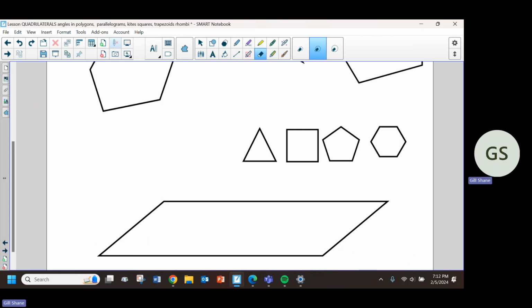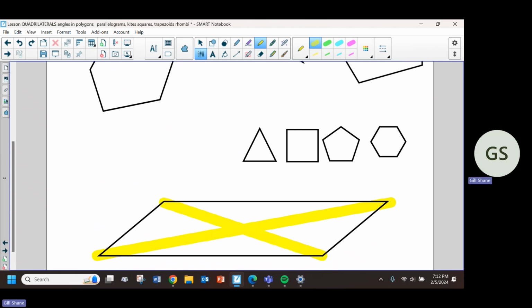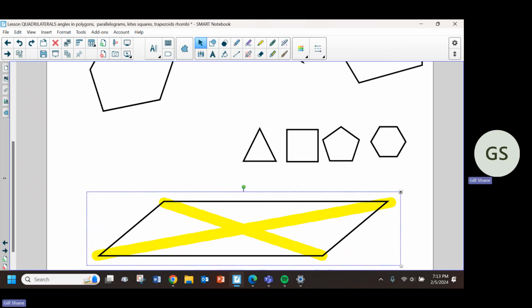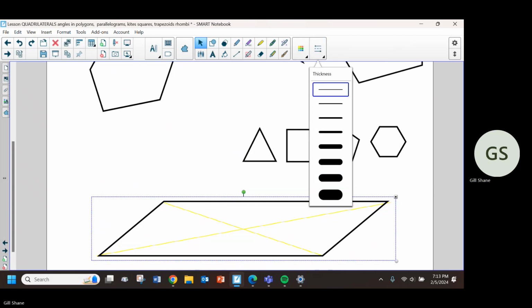So also for the theorems, we said if we take the diagonals of a parallelogram, they bisect each other. If I take that diagonal, oh, both diagonals, perfect. So if I take the diagonals of a parallelogram, they bisect each other.